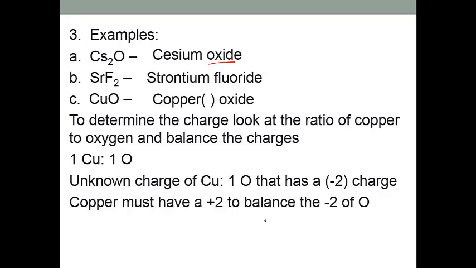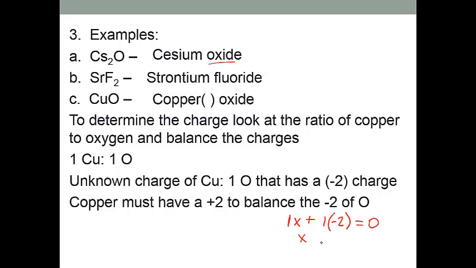Mathematically, for those of you that like to just do this simple math, this will always work. We know that we have 1 unknown, we have 1 copper element, and when we add the negative charge to that, it all needs to balance to 0. So we have 1 oxygen, which we know has a -2 charge. We're adding our plus charge and our negative charge together, and that should equal 0.